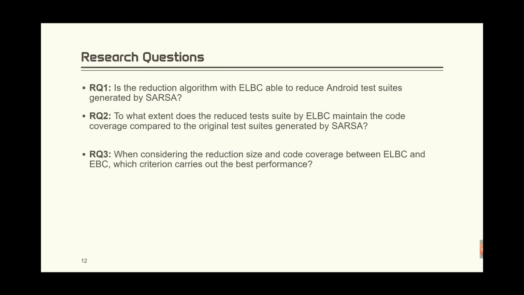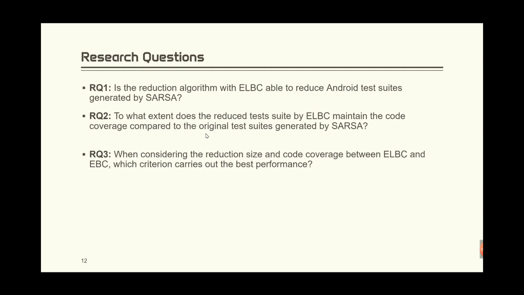Let's move to the objective. This research aims to examine the following research questions. The first one: is the reduction algorithm with ELBC able to reduce the Android suite generated by SARSA? The second one: to what extent does the reduced suite by ELBC maintain the code coverage compared to the original suite generated by SARSA?